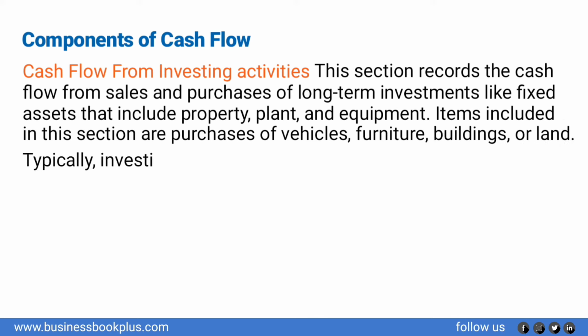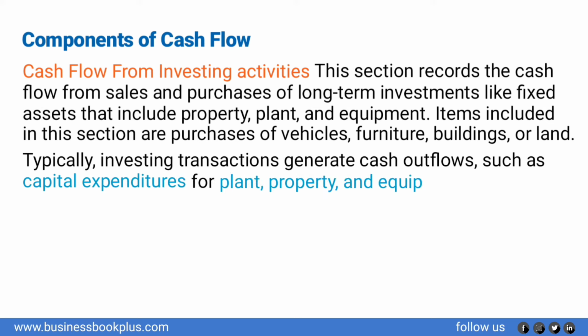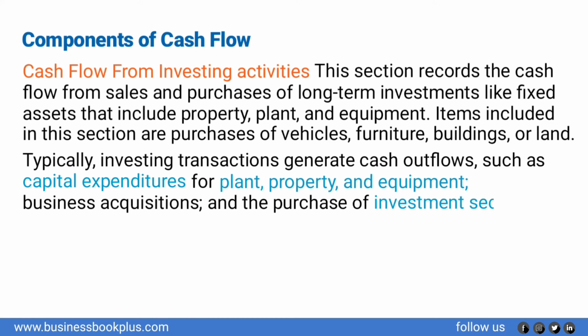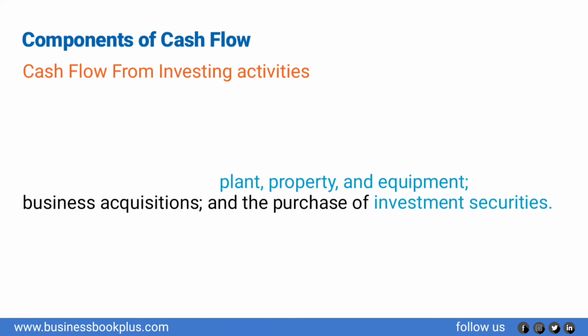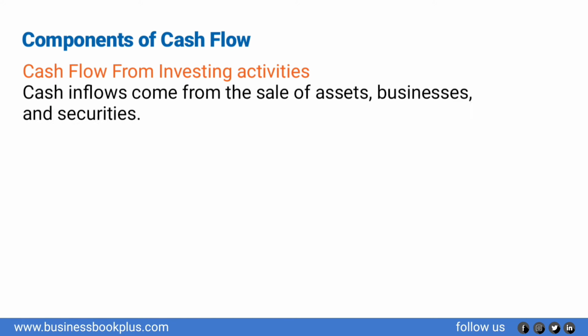Typically, investing transactions generate cash outflows such as capital expenditures for plant, property, and equipment, business acquisitions, and the purchase of investment securities. Cash inflows come from the sale of assets, businesses, and securities.